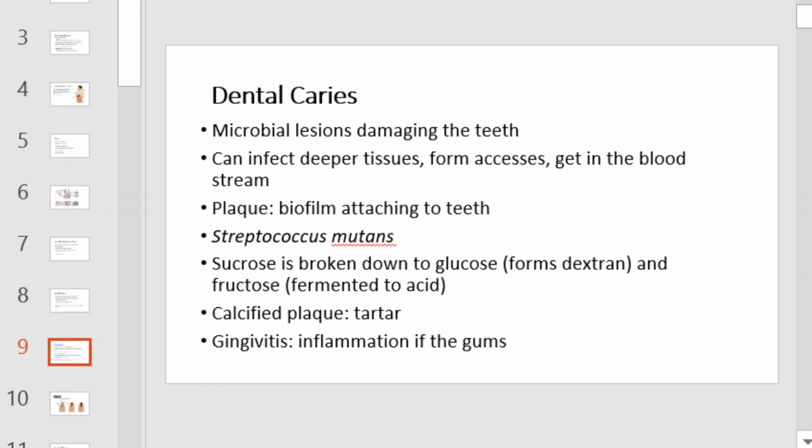Streptococcus mutans is a common organism that causes dental caries and plaque formation. Sucrose is broken down by Streptococcus mutans to glucose, which forms dextran, and fructose, which is fermented to acid. Calcified plaque is what we call tartar. When the gums become inflamed, a patient has gingivitis.